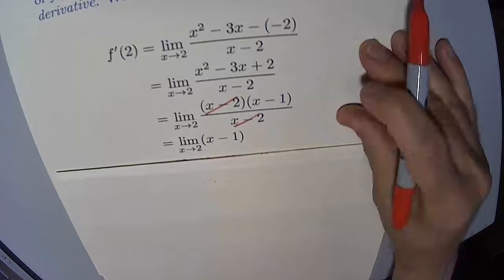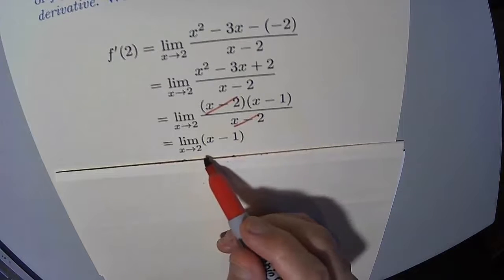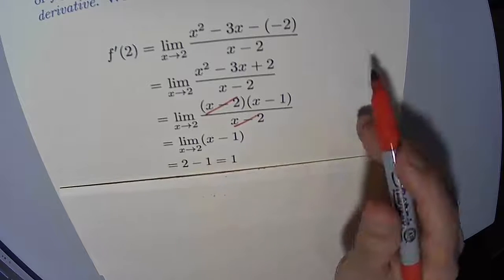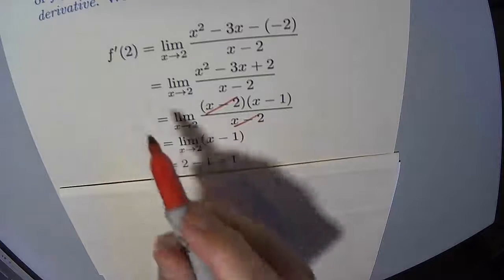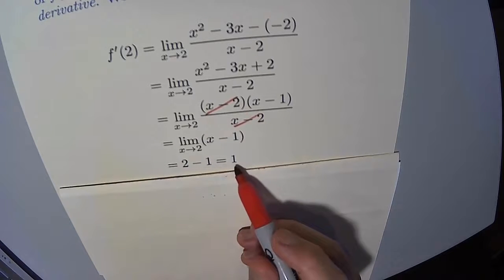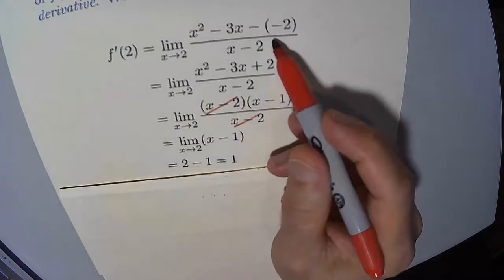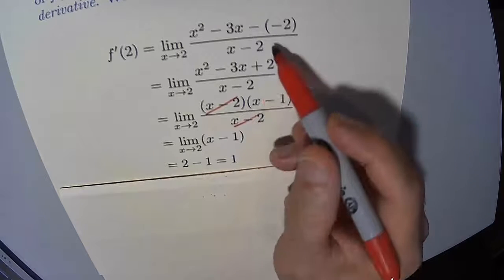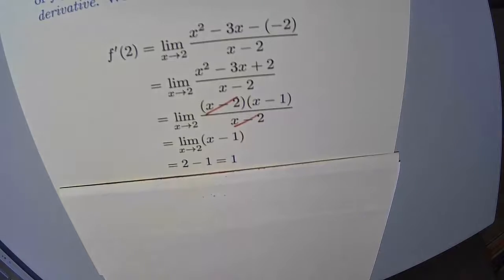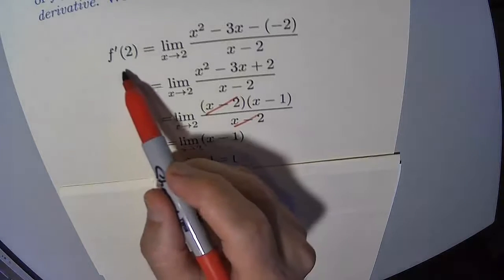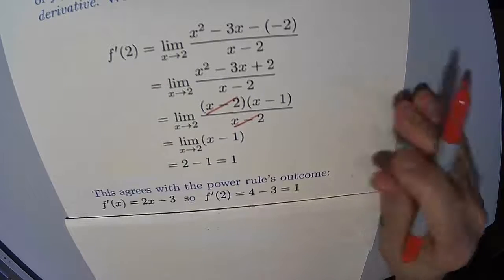What's left is x minus 1, and limit as x goes to 2 of x minus 1 is just 2 minus 1, or 1, which means that assigning the limit 1 to the difference ratio removes the singularity and gives us a number f prime of 2 equal to 1.